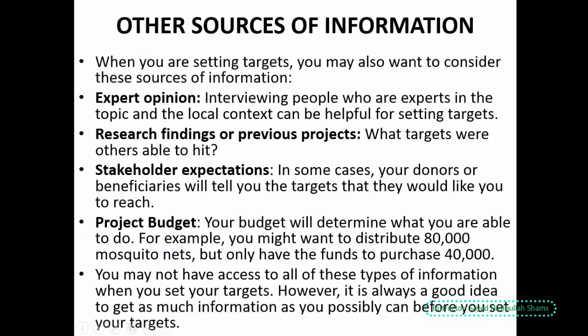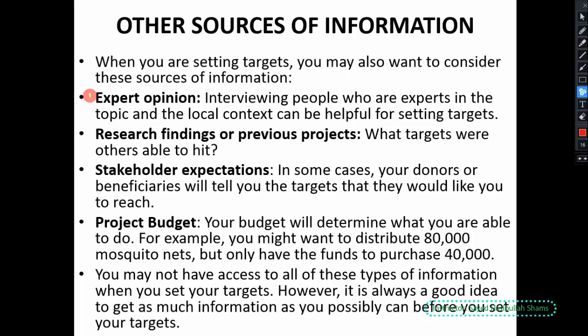Also, we will consider other sources of information during the setting of the targets. The first source is expert opinion. It's really important to take their ideas, because they know about everything.